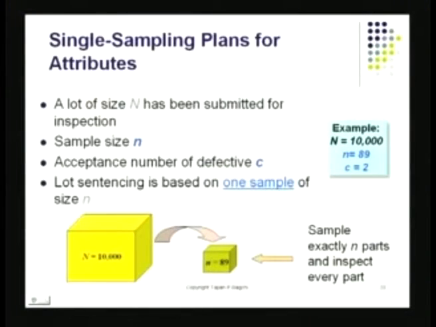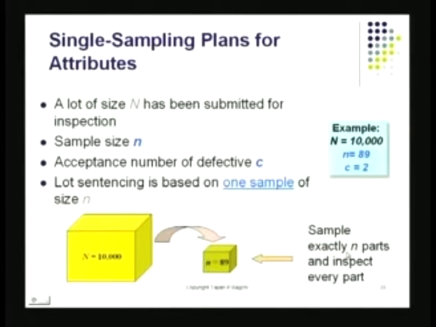And then I've applied some analysis, some calculations. And from those calculations, I've determined the size of the sample to be little n, which in this case turns out to be 89 items. That is in this little green box there.